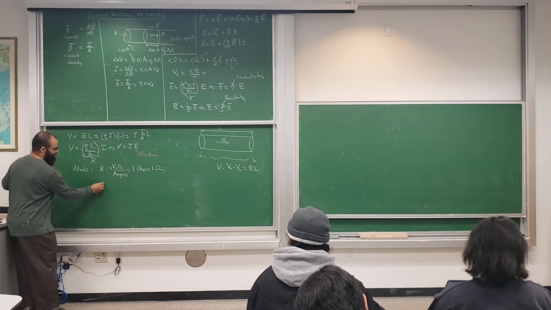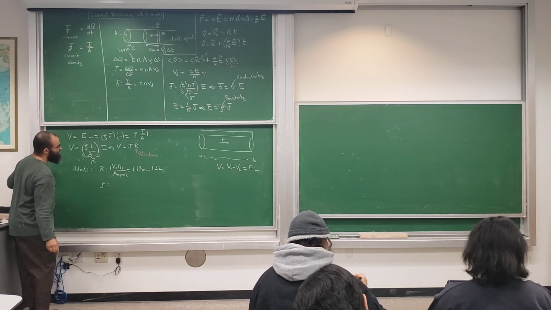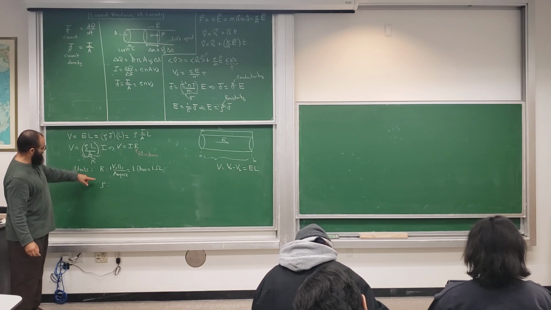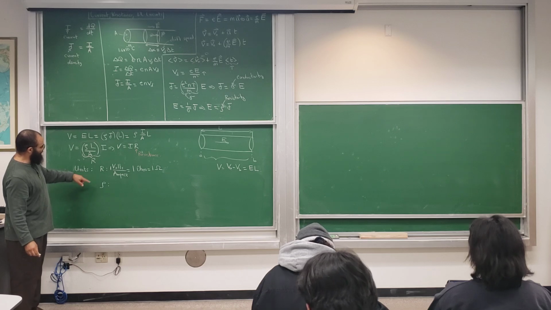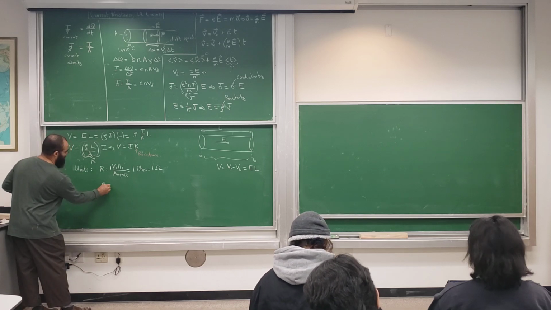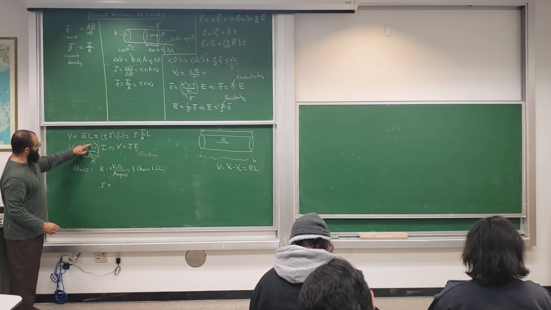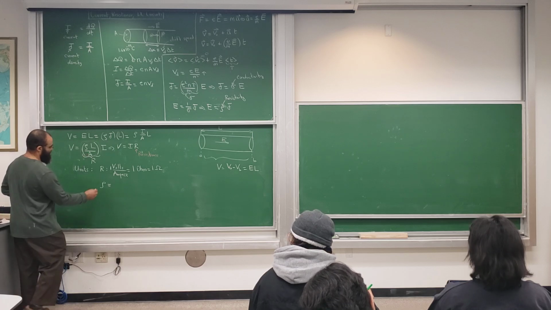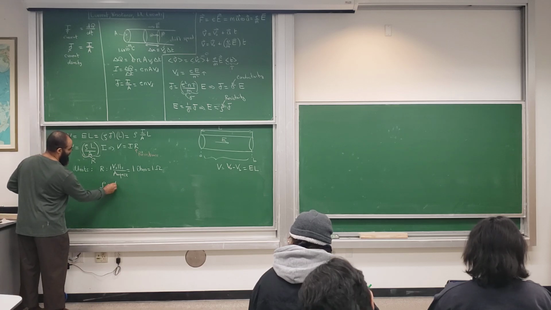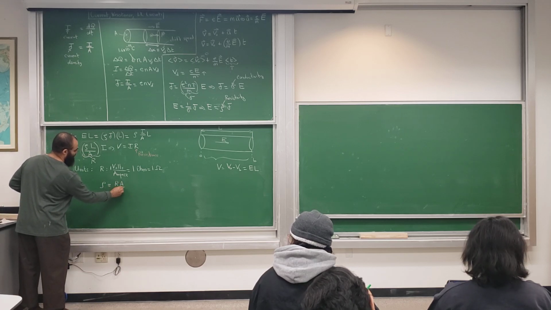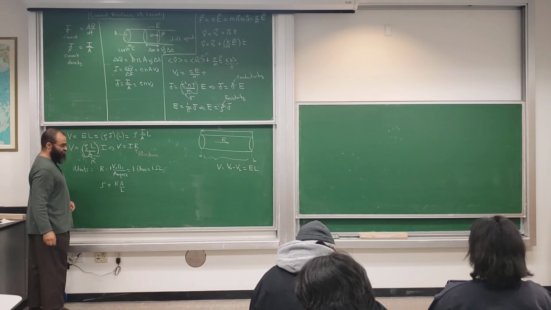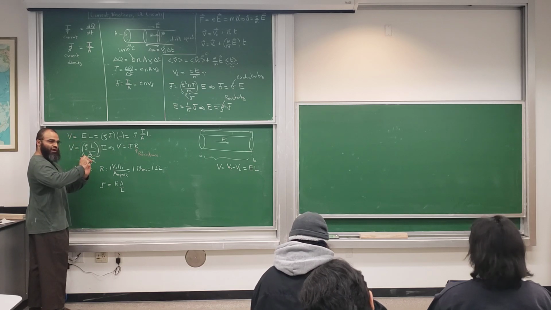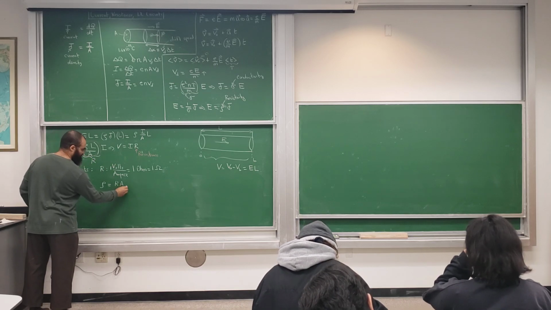How about for resistivity? Let's solve for resistivity in terms of R. R is rho L over A, so rho will be R times the area over L, right? The cross-sectional area of the wire times the length of the wire.